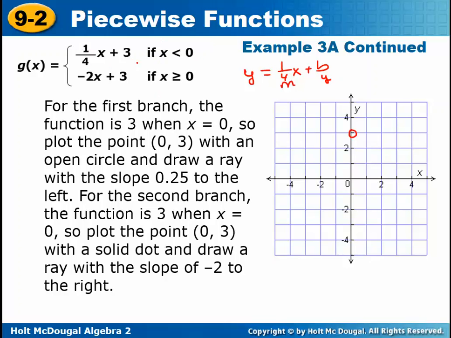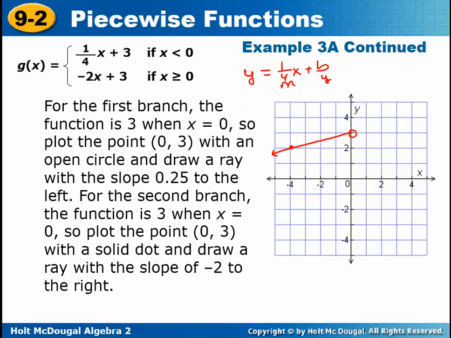And then I want my slope to be 1/4. Normally I would go up 1 and over 4, but that would be the positive part when x is greater than 0, and I want the negative part. So I'm going to go down 1 and to the left 4. 1, 2, 3, 4. And I'm going to put another point. And then I'm just going to connect those points to draw my first part of my function.